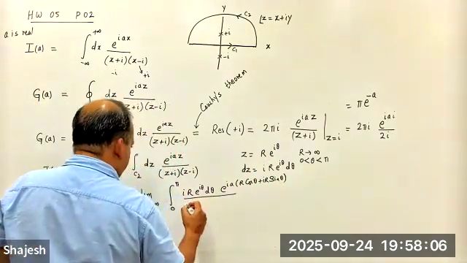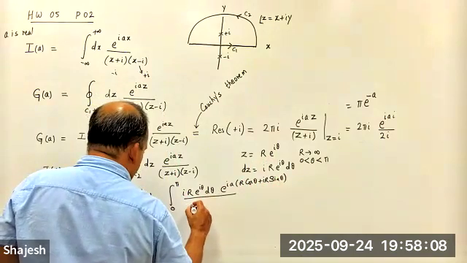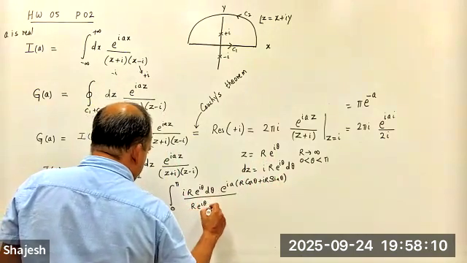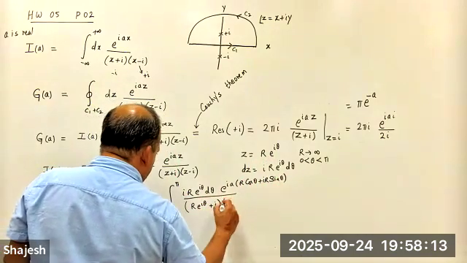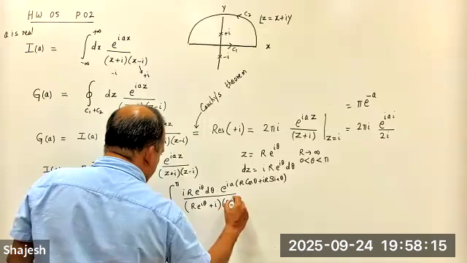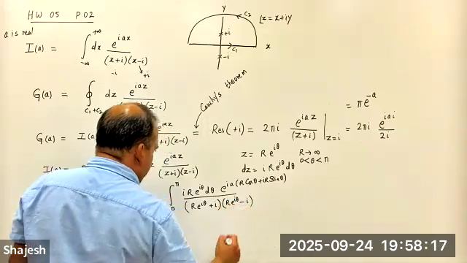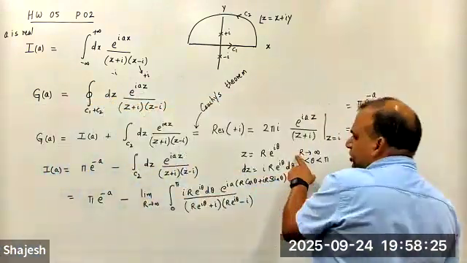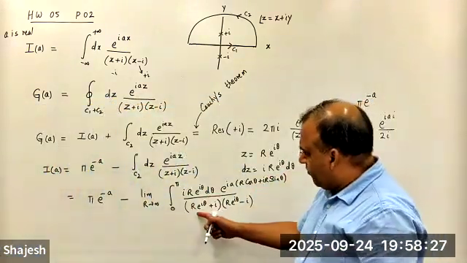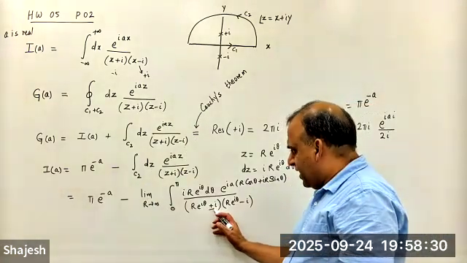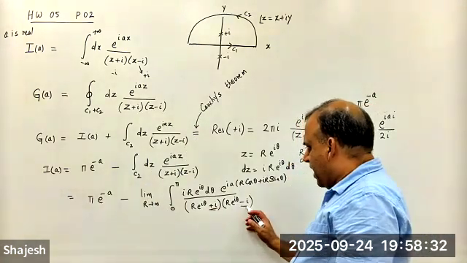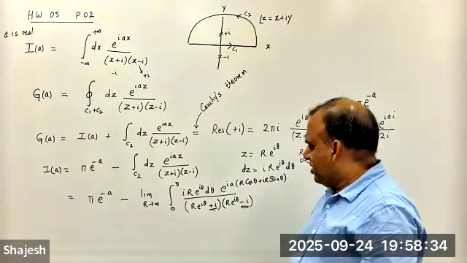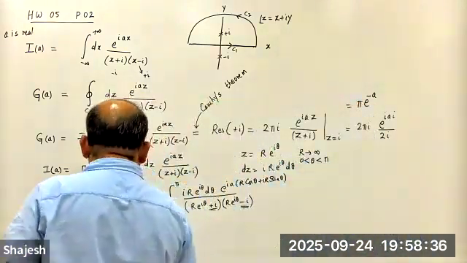The denominator is R times e raised to i theta plus i, R times e raised to i theta minus i. R is really large, in the limit R tends to infinity, so the plus i and minus i can be neglected. The denominator has two R's.